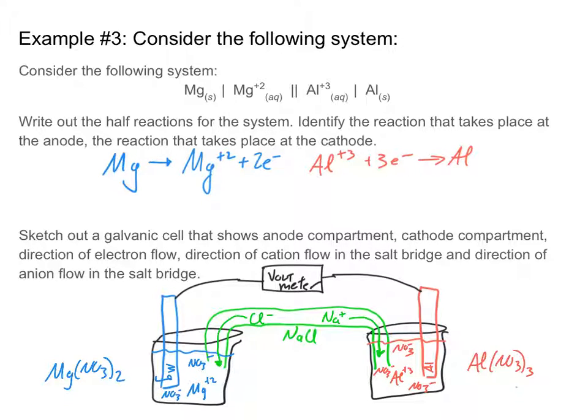The last thing I would probably want to identify is the flow of electrons, and in this case, my electrons are traveling from anode to cathode, and I should probably label that as well. So here's my anode, here's my cathode, and there's your template for every single voltaic cell.